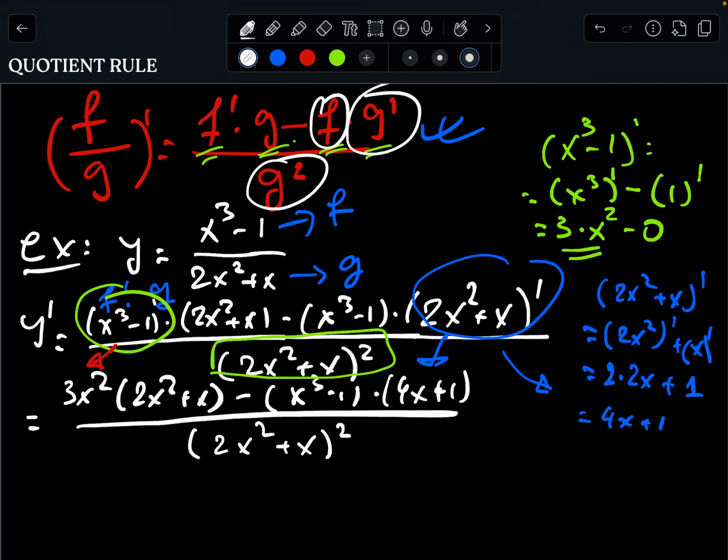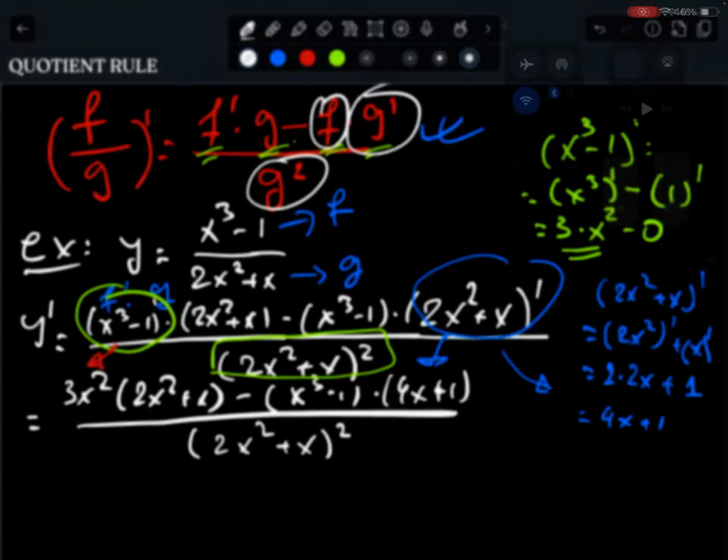You can simplify this, or you can leave it like this, depending on the question. If you're asked just to find the derivative, you can stop right here. But when we have to use the derivative for other purposes, we'll have to simplify this, and we will do this in the following examples.